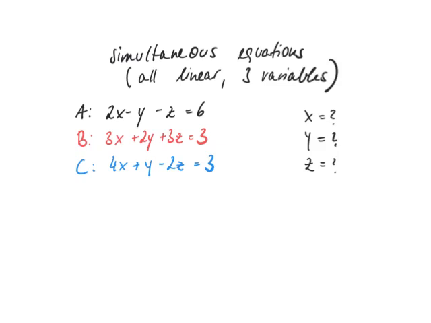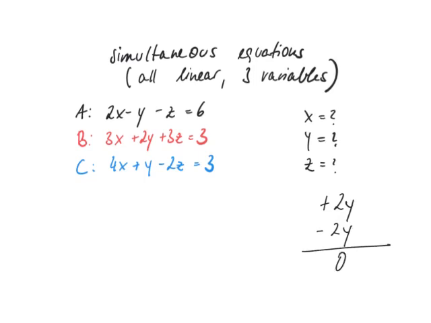The way we eliminate variables is by adding equations, but we are looking for a situation where we, for example, have a plus 2y and a minus 2y. Then we can add that and we get 0.